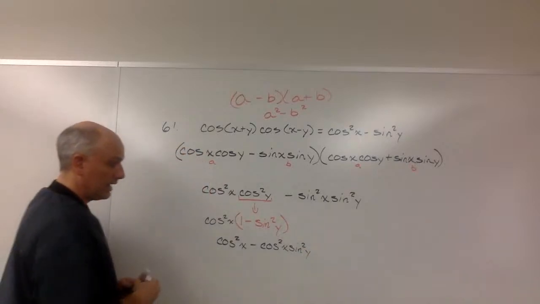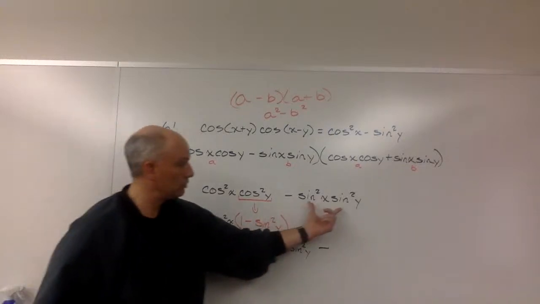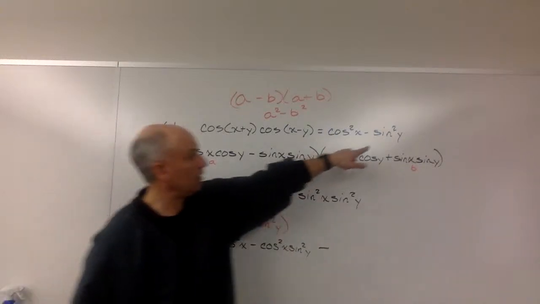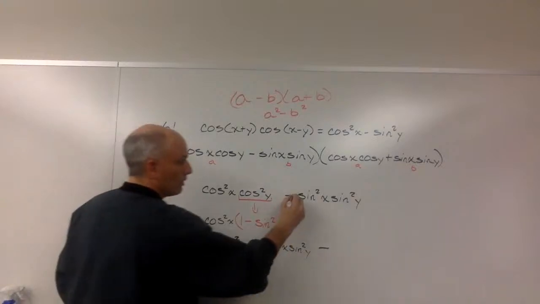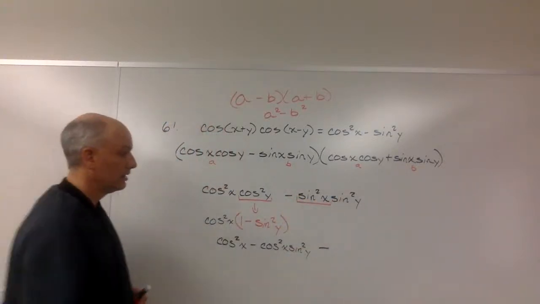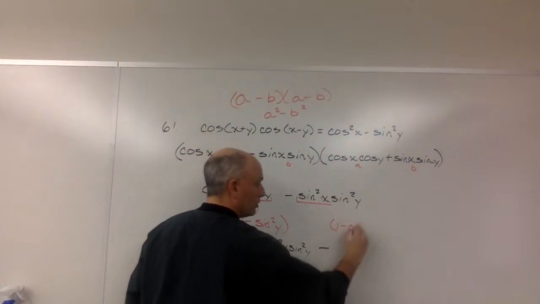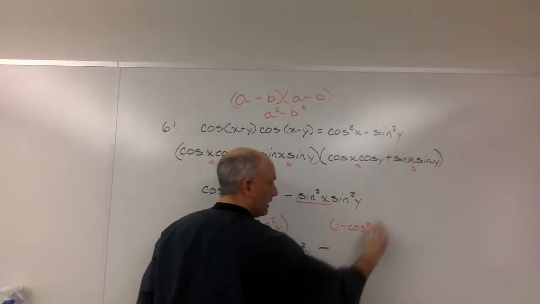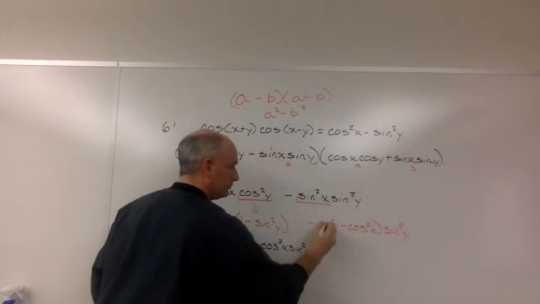Now, I'm going to do the same thing on the other side. I'm going to do it over here, but keep in mind I already have the sine squared y here. So what I need to do is manipulate the sine squared of x. So in that case, I'm going to use 1 minus cosine squared of x times that sine squared of y.